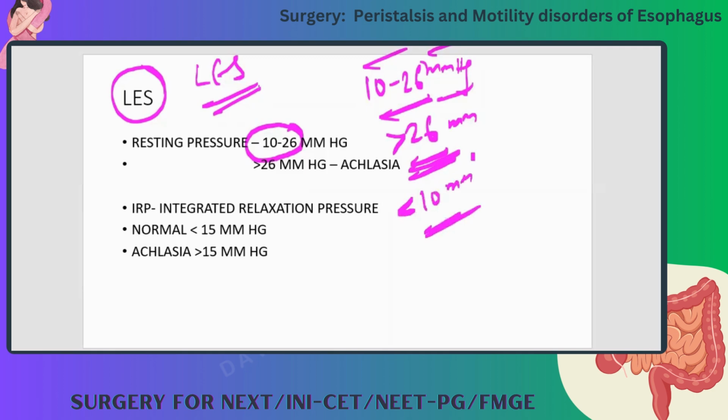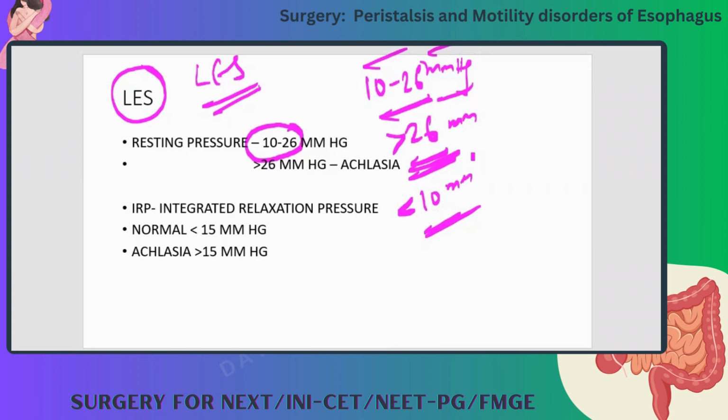If the resting pressure is less than 10, what will happen? More relaxation. Yes, GERD will be there.